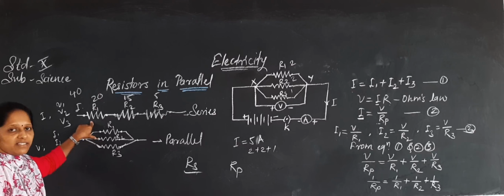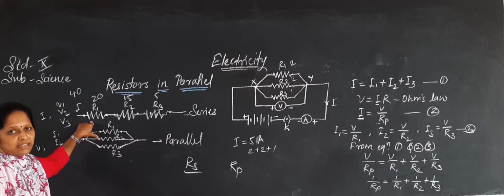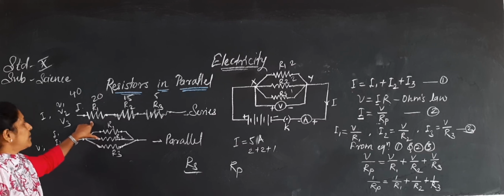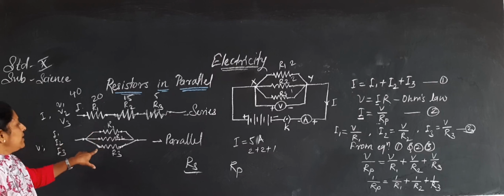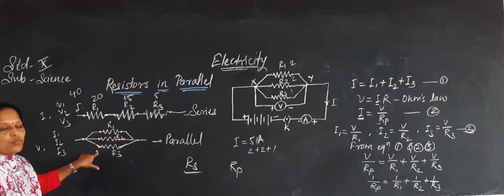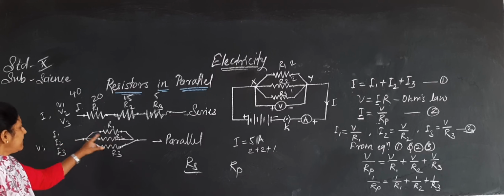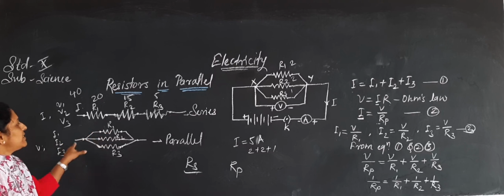In electricity stations, they use series connection for transportation purposes, but in our homes we use parallel connection, where the current is divided and the voltage supplied is the same.